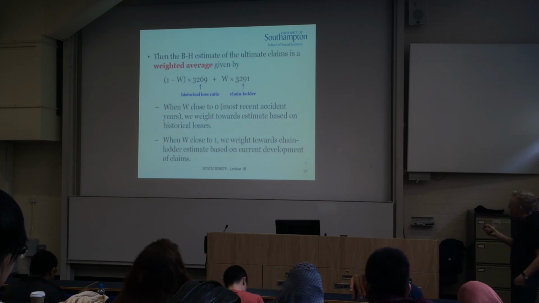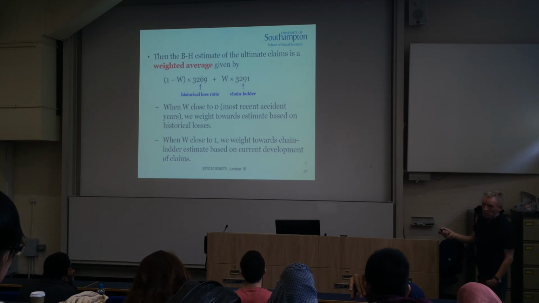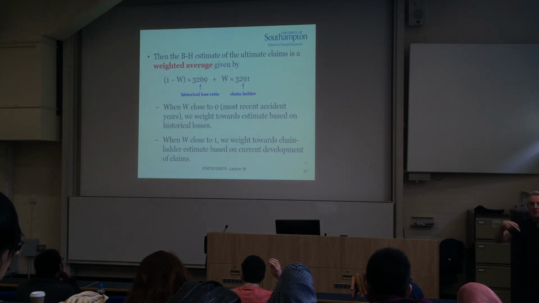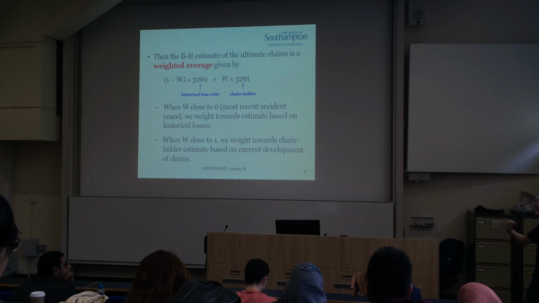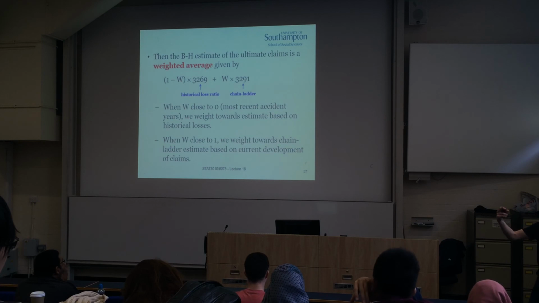If W is small, close to 0, not much has developed, i.e. we're talking about very recent years with lots of years still to develop, then the estimate will tend to this one here, the historical loss ratio.